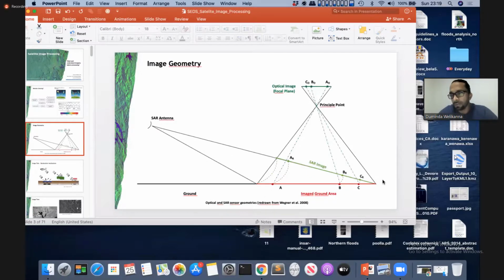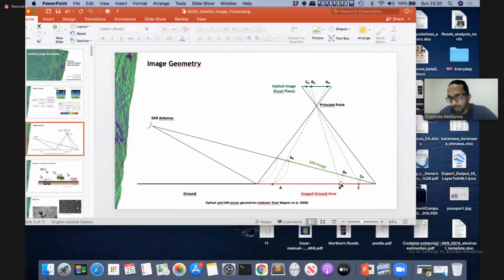So all the pixels that are recorded along the slant range will be converted to ground range. Basically, the slant range image multiplied by cos theta, for instance, very simply I'm saying, but it is more complex than this, right? Then we will get an image along the ground range.